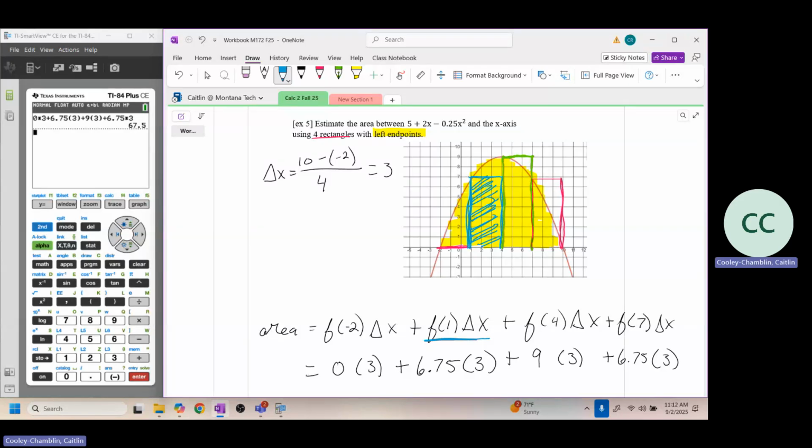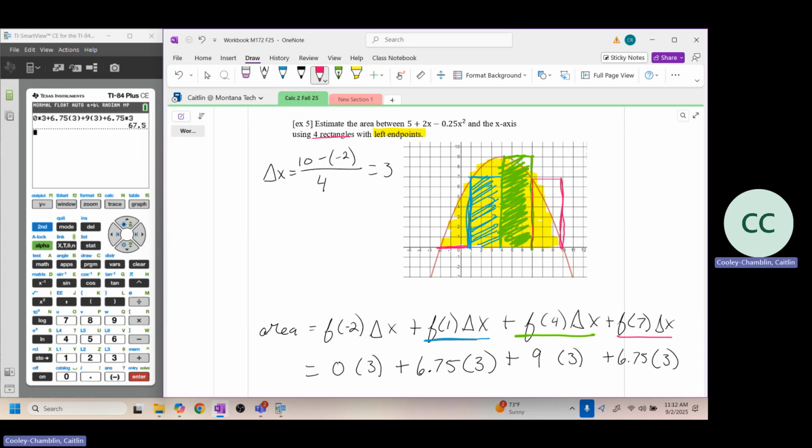Okay. And then at 4, f of 4 gives us 9, so that's the height of our curve at 4, which gives us the height of our rectangle. And so we find the area of this rectangle. And then we did another pink one because our first one was 0.